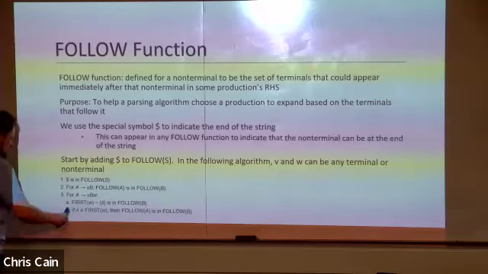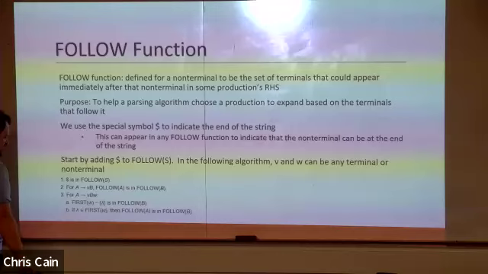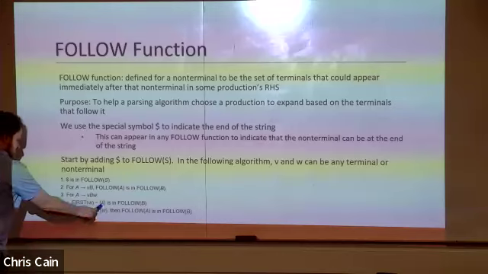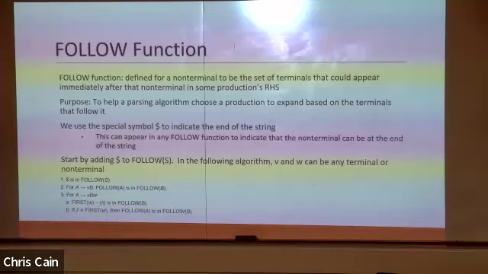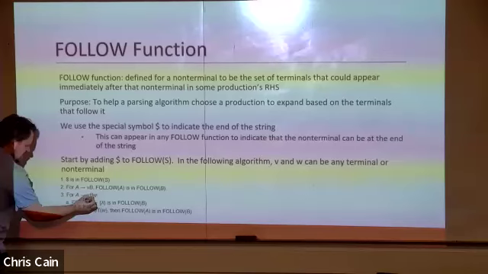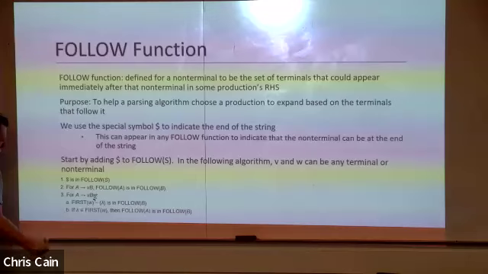We can see that first of W minus lambda, because lambda here doesn't matter, is in follow of B. So whatever this token can produce at the very beginning naturally can follow this character. It's important to have the first function to be able to reference as part of the follow function.